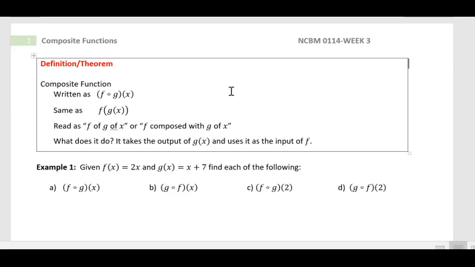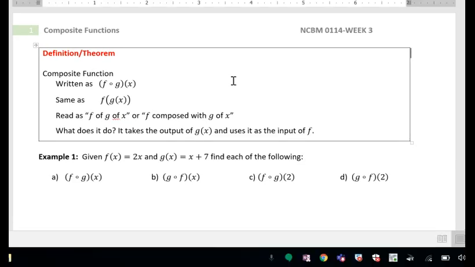This week we will be discussing composite functions, and composite functions appear in your Math 1314 section 1.7. Whenever you see this symbol, you take the composition of the functions. This is read as f of g of x, and you can write it as f of g of x.